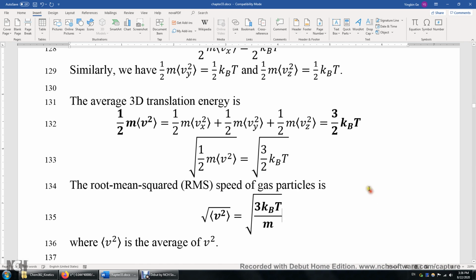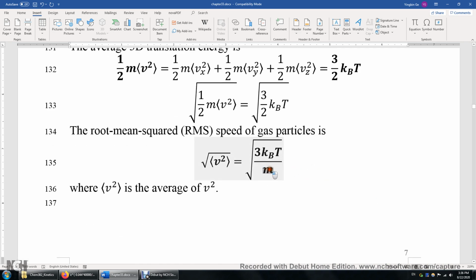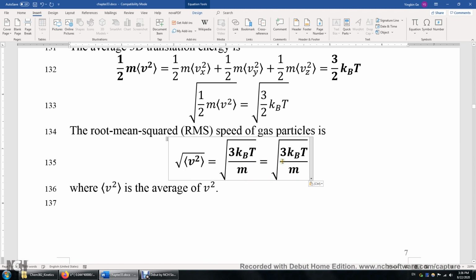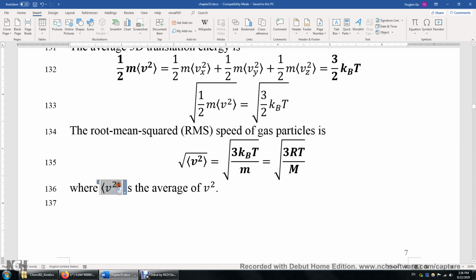Just a reminder, if you find it inconvenient to calculate the mass of a gas particle, well, very simple. You can replace that with the molar mass in kilogram per mole. At the same time, replace the Boltzmann constant with the ideal gas constant R. So again, this notation is the average of V squared.